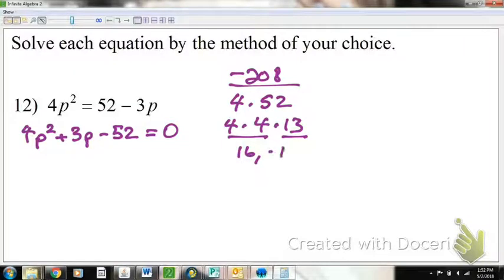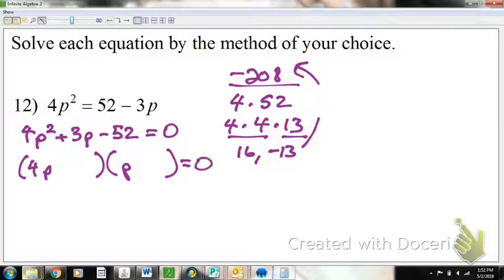Positive 16 and negative 13 would multiply to be negative 208 and add up to be positive 3. So I need to use 4p and p to get the 16 and the 13. 4p multiplies by 4, and p is going to multiply by negative 13, and those are the two factors that would work here.